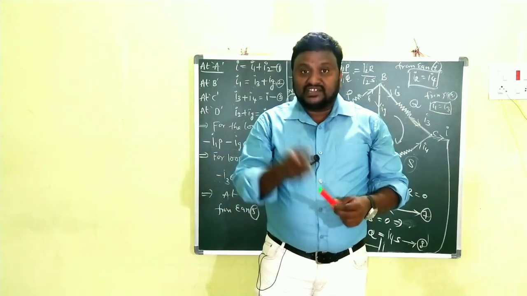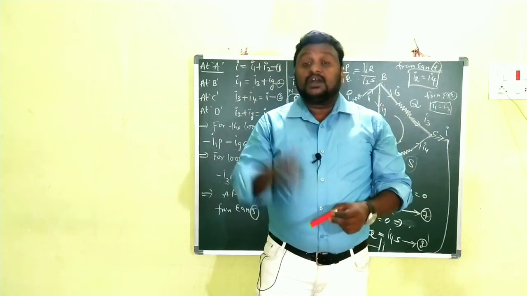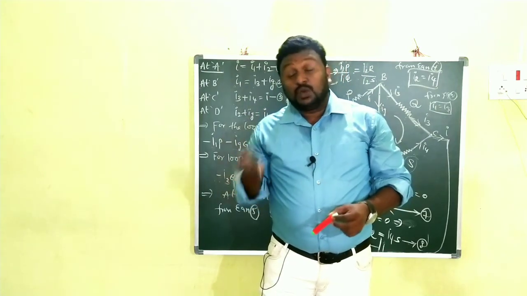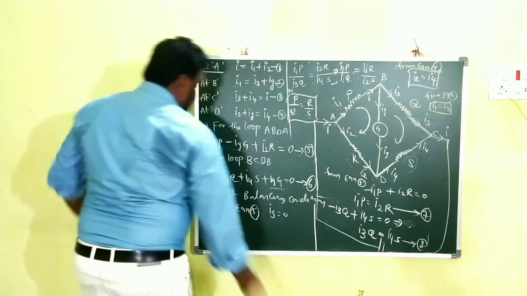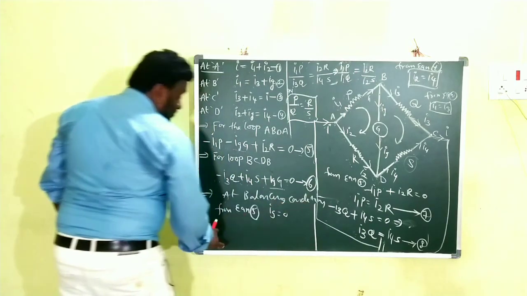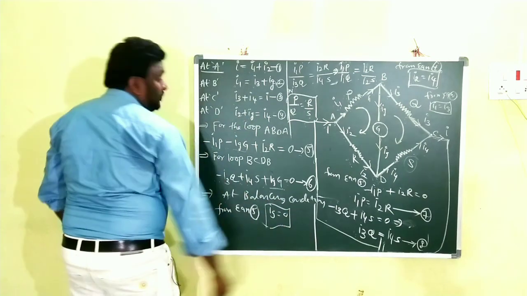At the balancing condition, there is no current through the galvanometer. That's why the current through the galvanometer should be taken as 0, I_G is equal to 0. So that is the main condition.